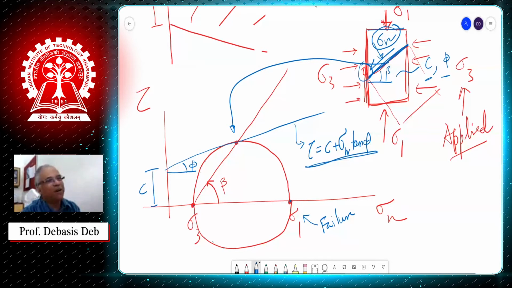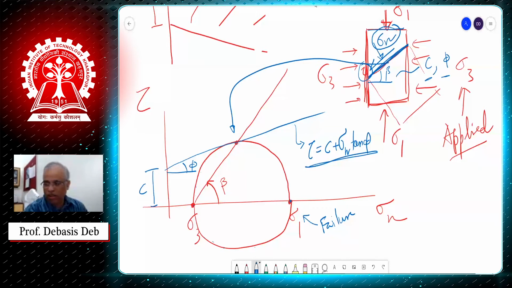Okay. But theoretically it is possible. Normally we do not see any material which doesn't have friction. There will be a phi angle. There are some materials which do not have cohesion. C is 0, but friction will be there. Okay. So this is that limiting case.